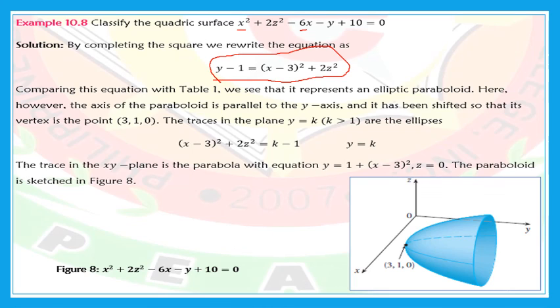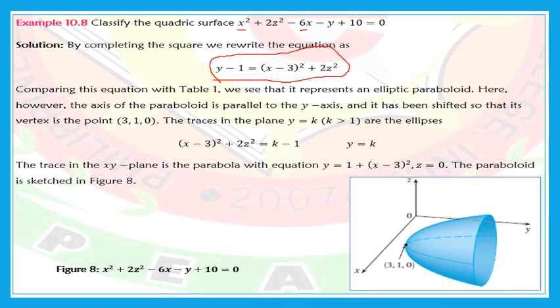Comparing this equation with table 1 class, we see that it represents an elliptic paraboloid. Here, however, the axis of the paraboloid is parallel to the y-axis, and it has been shifted so that its vertex is the point (3, 1, 0). So the traces in the plane y equals to k, where k is greater than 1, are ellipses.